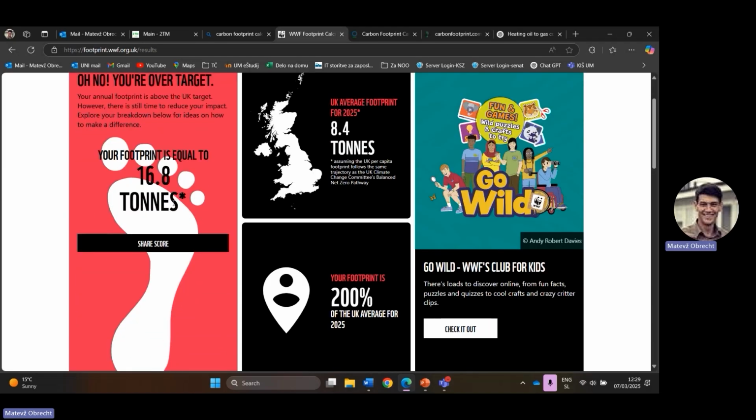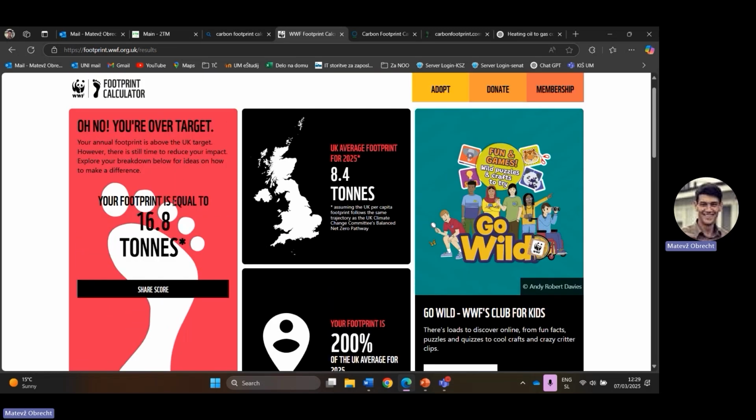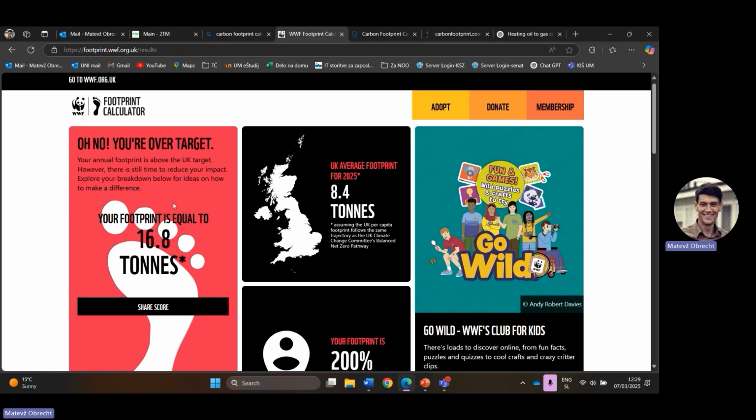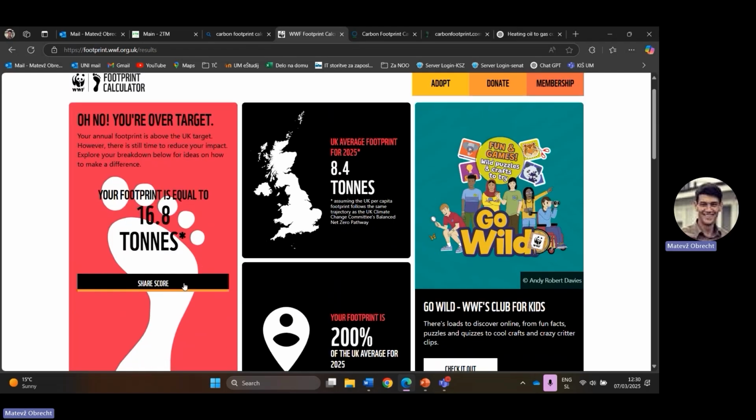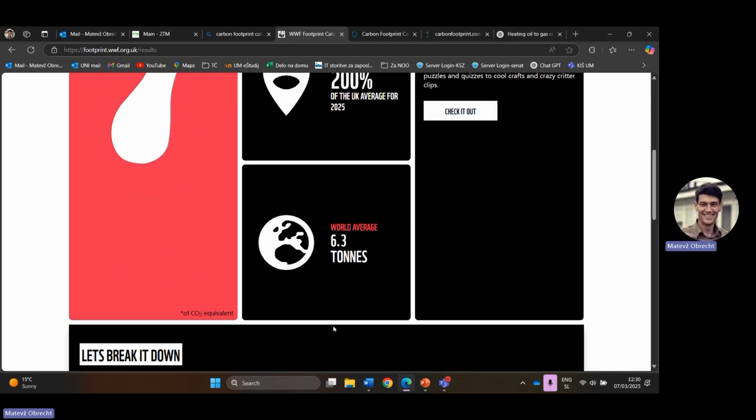So we can see what was happening, and no matter that I have a new house, I have solar photovoltaics, I have good insulation, I don't eat much meat and so on, I am composting food at home, I'm still having a huge carbon footprint. So twice as big as the UK average, for example, or almost approximately 3 times as big as the world average. So it is quite a lot.